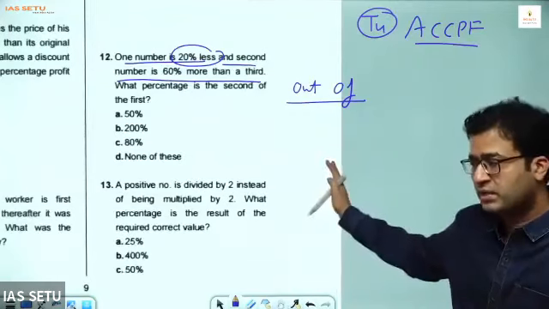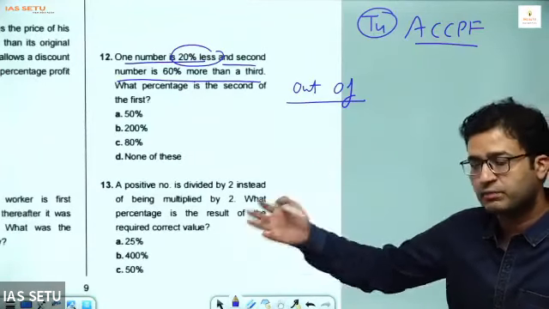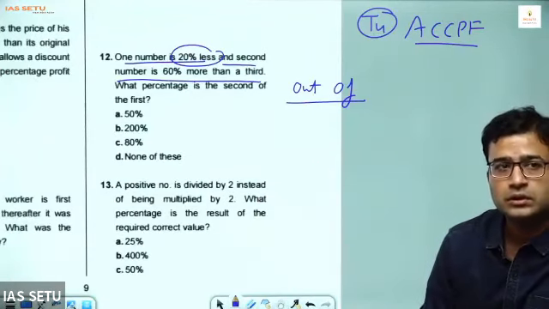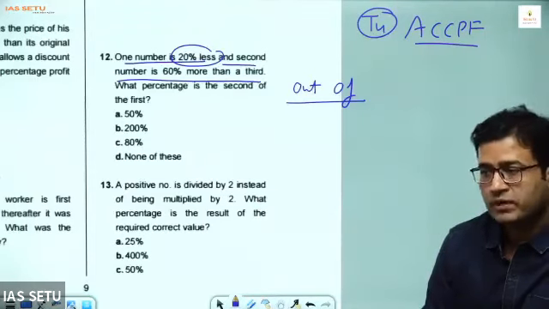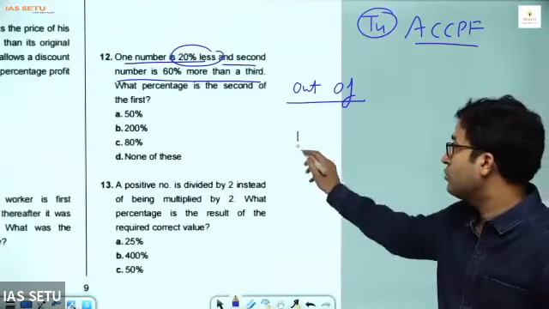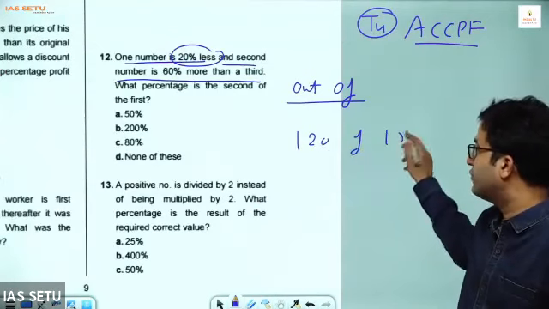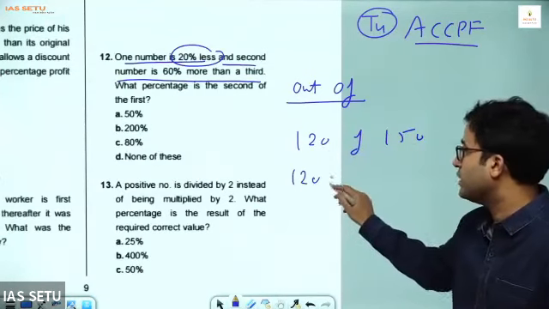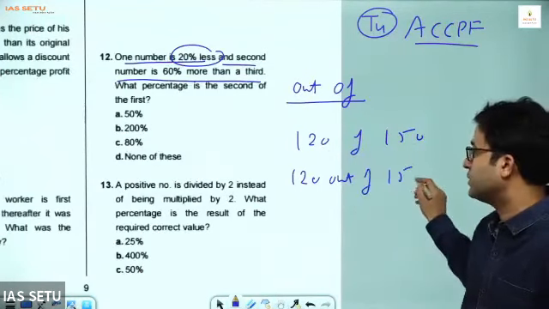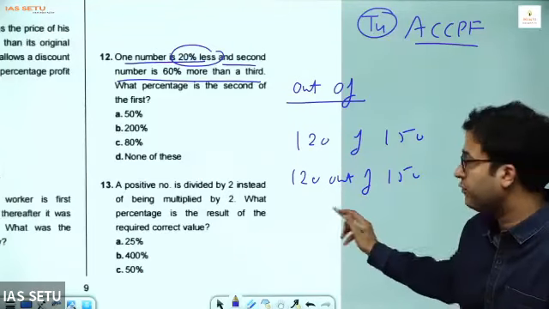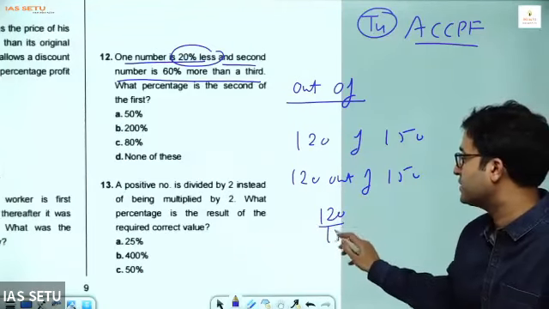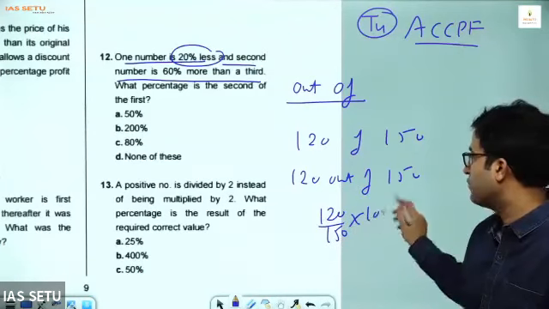We do that, and we will see that in profit and loss also. We play with language. 120 of 150 actually means 120 out of 150. And if you know it is out of 150, then 150 becomes the denominator.